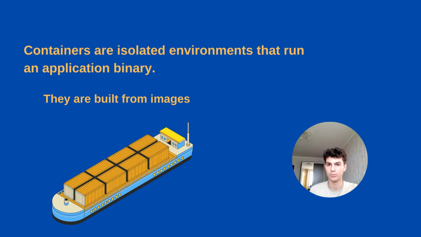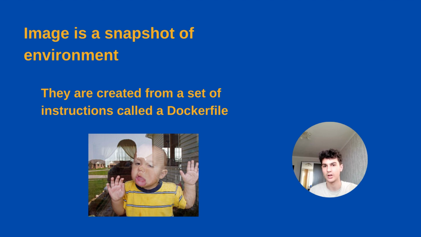So when you know what Docker is, we can proceed to talk about containers. Containers are a part of the Docker system. They just run your application binary with all the dependencies needed in them. They are built from images, while images are just a snapshot of your working environment.